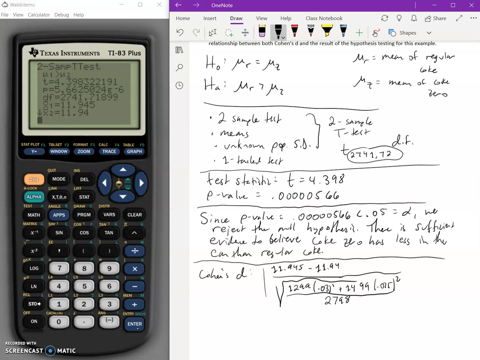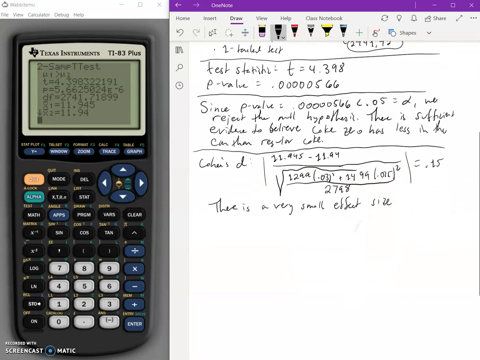And again, you can throw in absolute values just to make sure your answer is always positive. We get 0.15. So if we remember the cutoffs, the small cutoff was 0.2. So we see that there is a very small effect size.